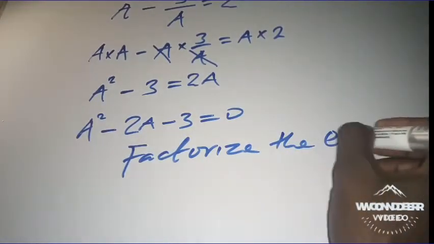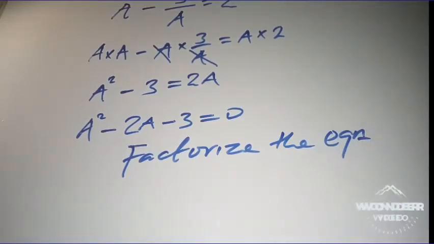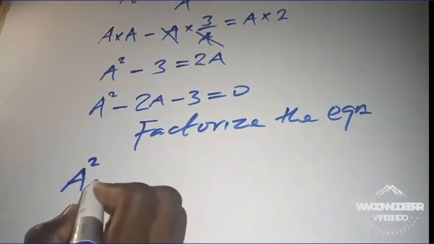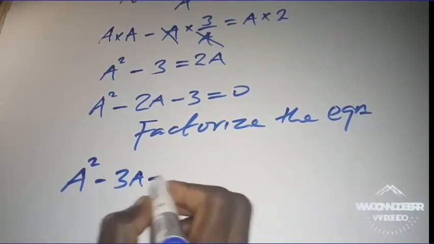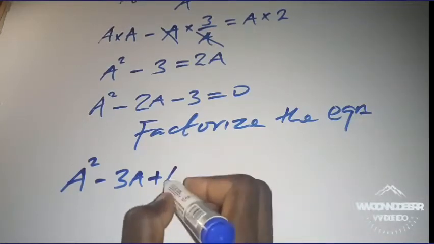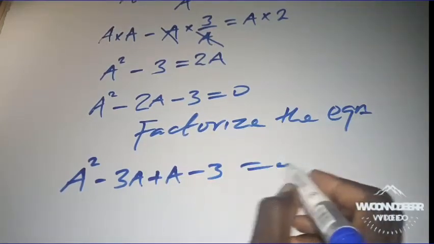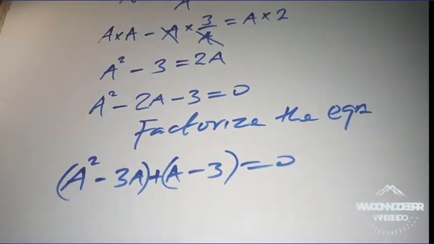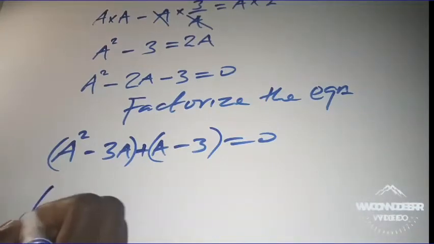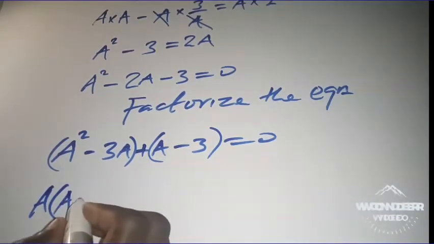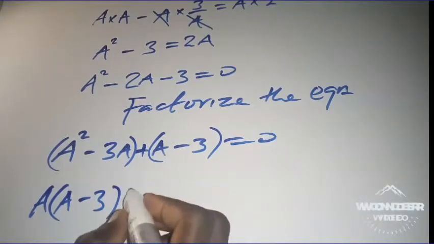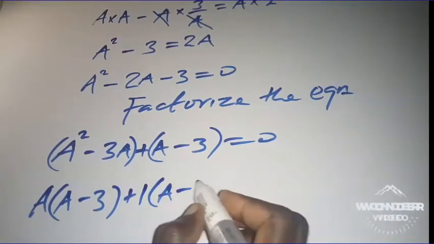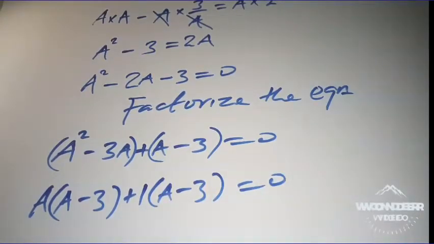By the factorization method, we now have a squared minus 3a plus a minus 3 equals 0. So we group it. Opening the equation, we now have a(a minus 3) plus 1(a minus 3) equals 0.